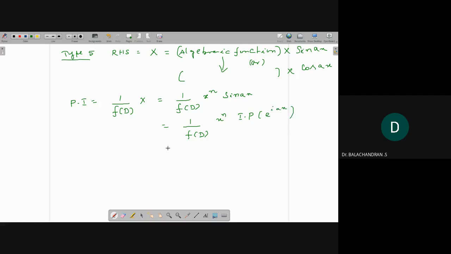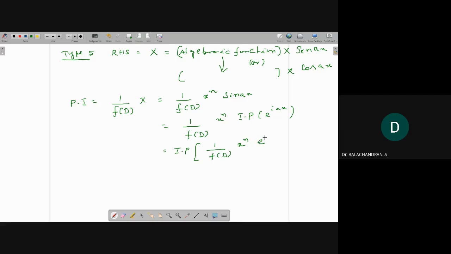This is equivalent to the imaginary part of 1 by f of D into x power n into e power iax. Because this is a polynomial and this is a function of D, taking the imaginary part commonly will not affect the final answer.